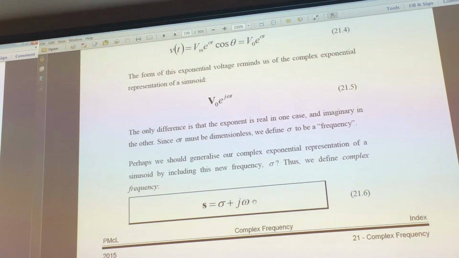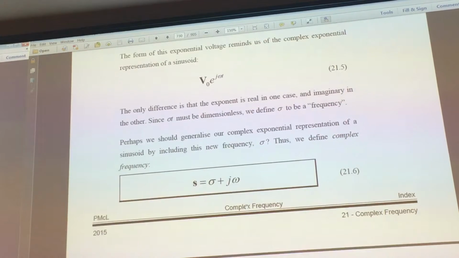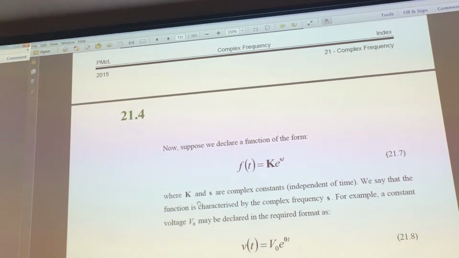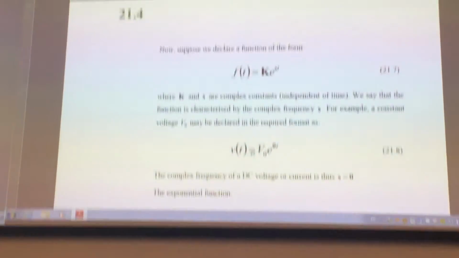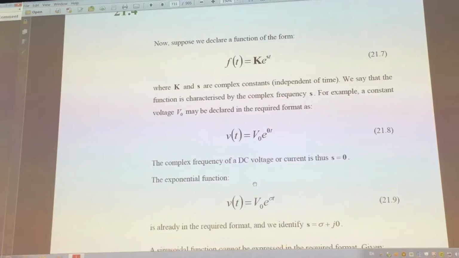So far we looked at frequency in the frequency domain. We looked at functions that had j omega in them, and so sigma was 0. But now we can actually add that sigma and see what will happen.